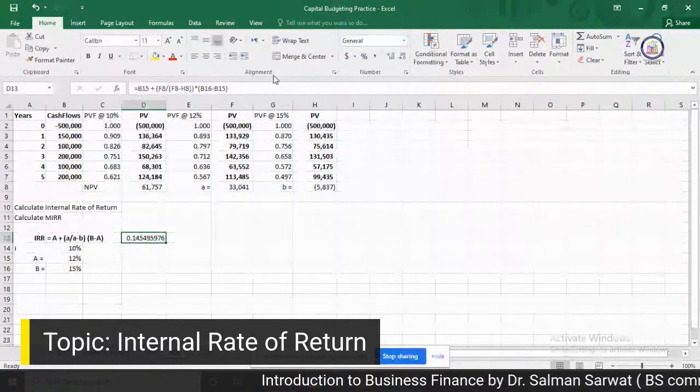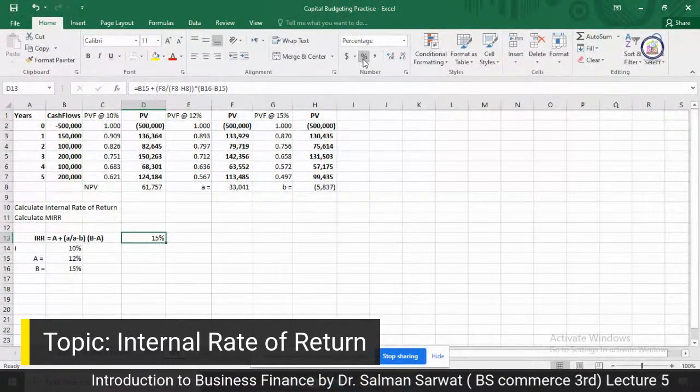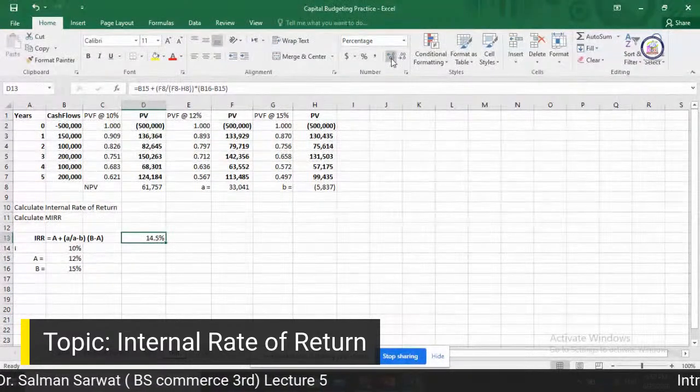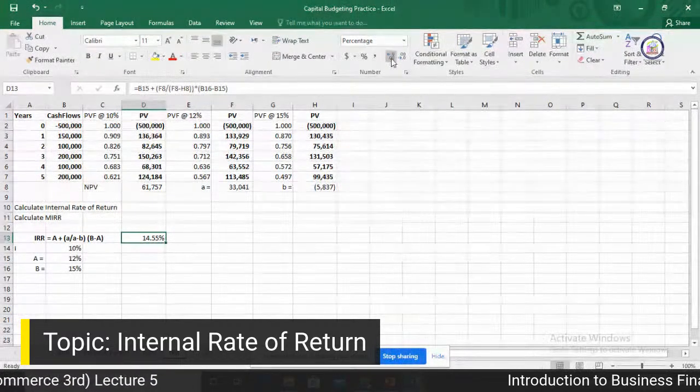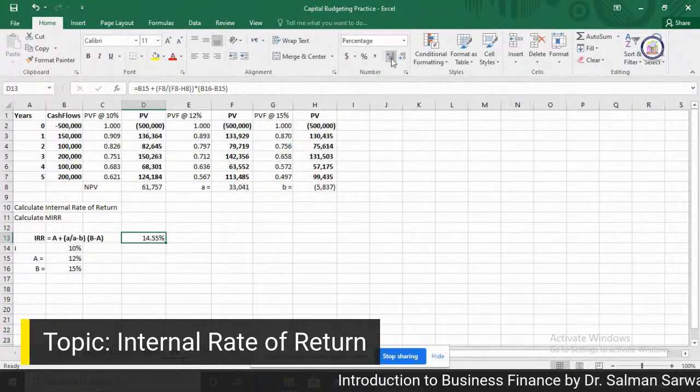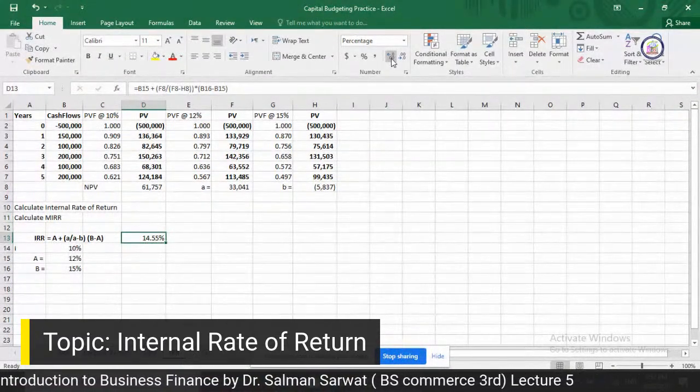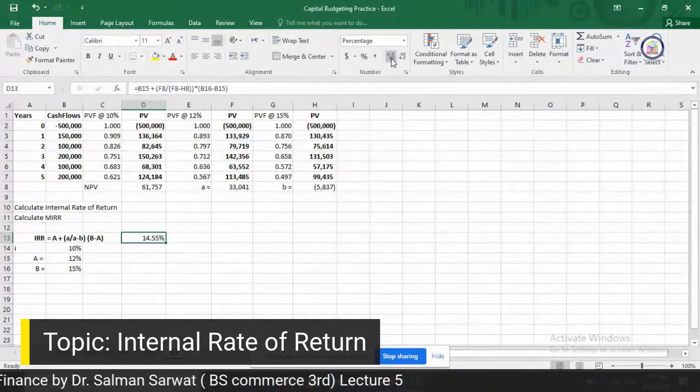So this is our answer. 14.5%, or 14.55%, is our IRR.